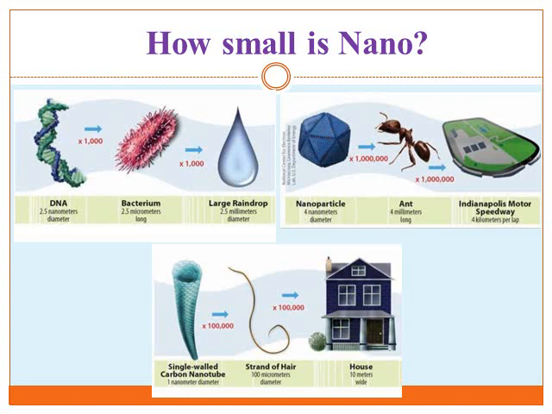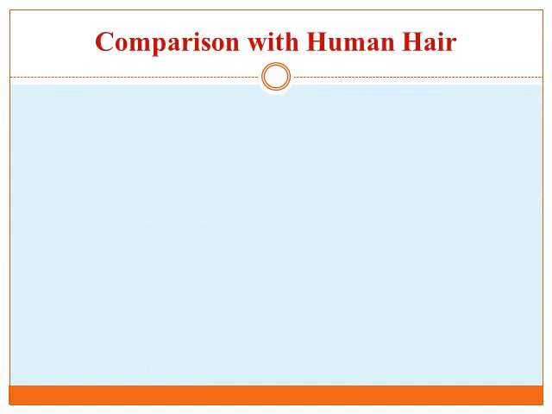When you look into the single walled carbon nanotube, carbon reduced to the nano state and rolled into the form of a cylinder becomes a single walled carbon nanotube, and its diameter can be reduced to 1 nanometer, very small. A hair is 100 micrometer. Look at the hair and look at the carbon: incomparable sizes.